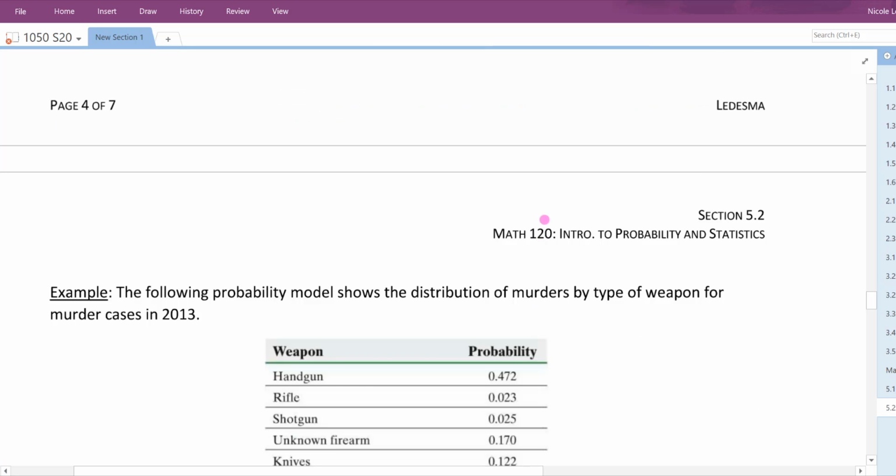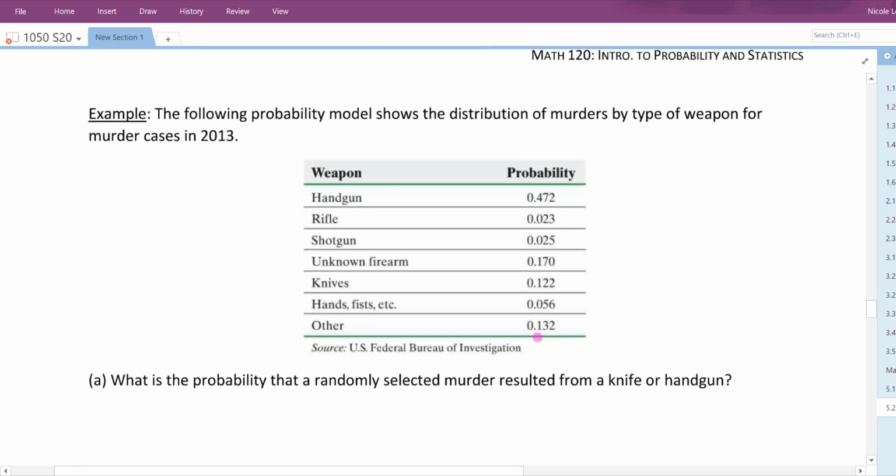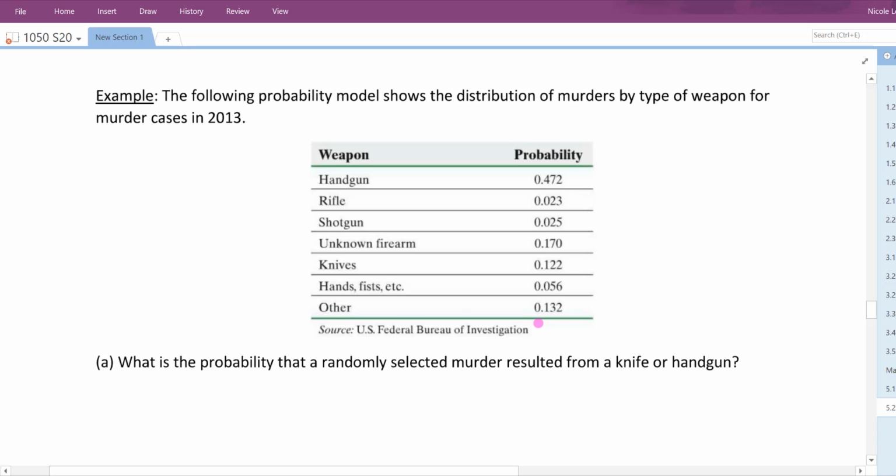Let's go ahead to the next page and look at our next example, where it says that the following probability model shows the distribution of murders by type of weapon for murder cases in 2013. So we looked at all murder cases back in 2013, and here we found the probability model for the type of weapon that was used.